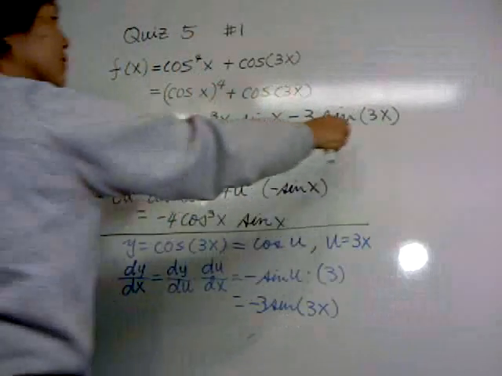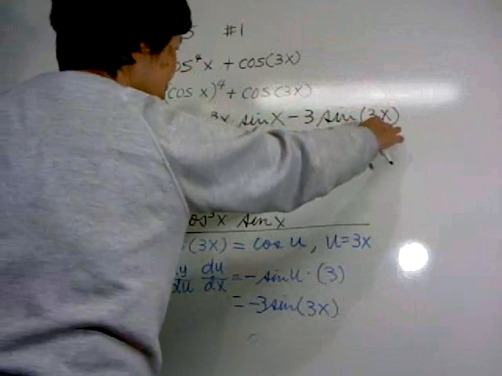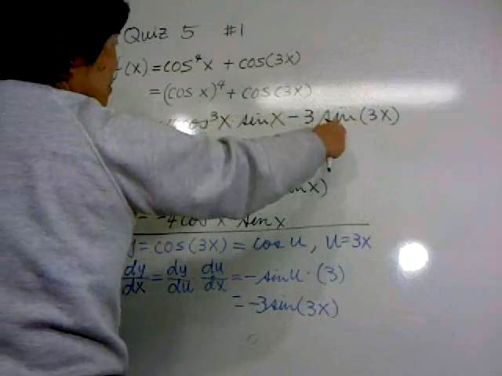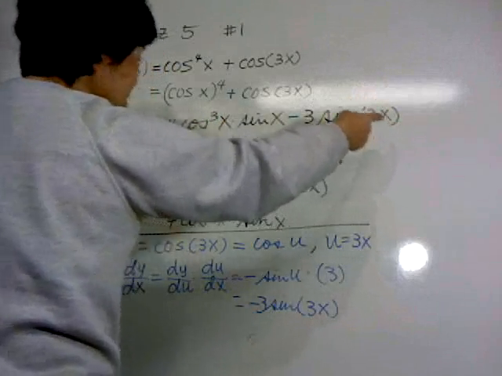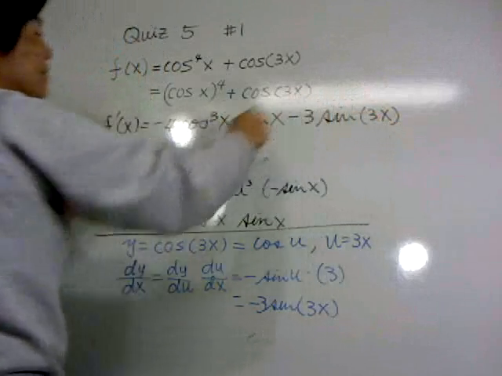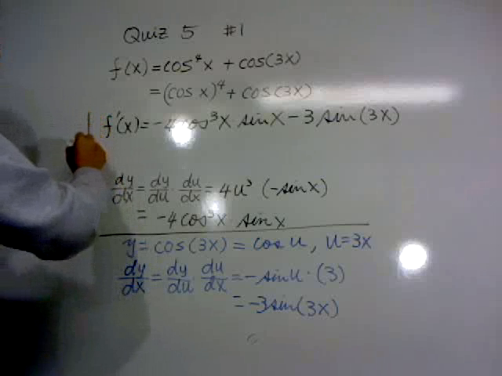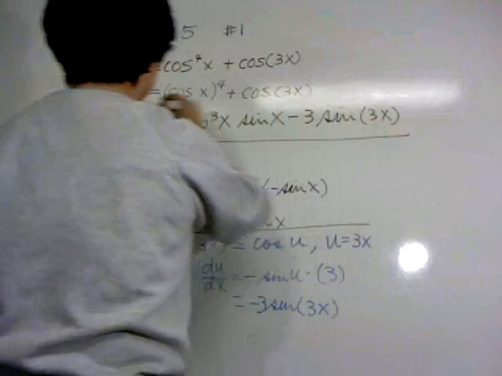As you see, usually we put parentheses around this, otherwise it looks confusing that it's going to be sine 3 times x. Well, just 3x is a variable for the sine function, so sine 3x. So this is the answer.